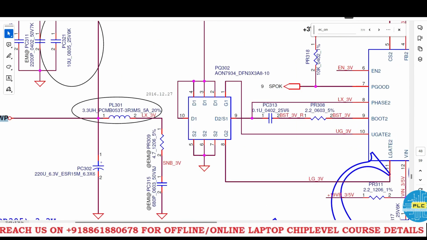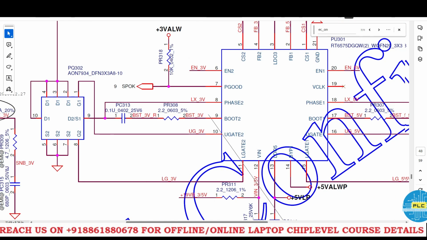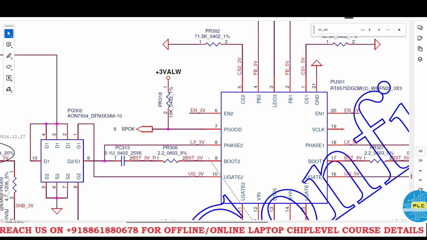Now after releasing 3 volts and 5 volts always, one more important point is that this IC will release the SPOK signal. This is the power good voltage or signal from this IC. Now what we did: first the IO released the EC on signal once you press the power button.